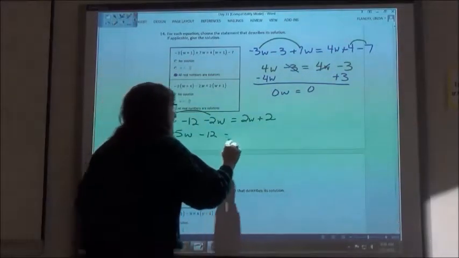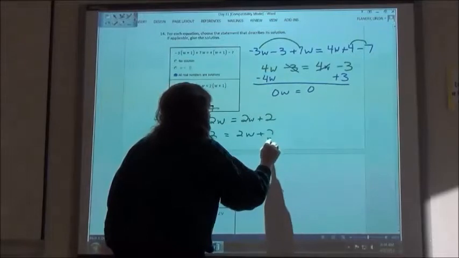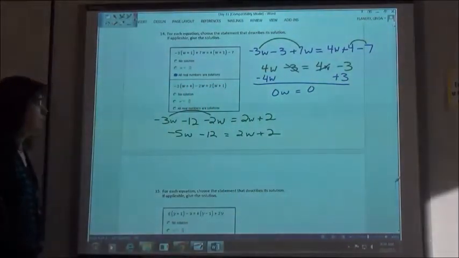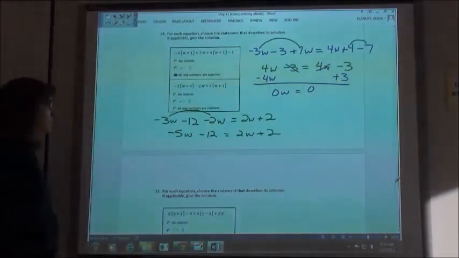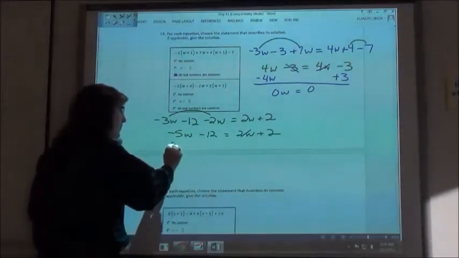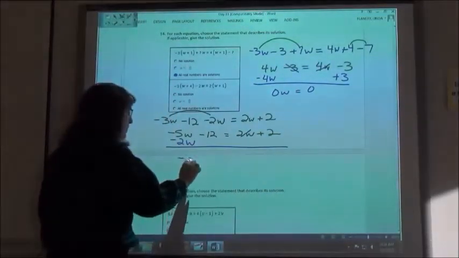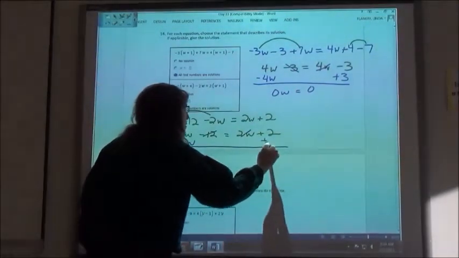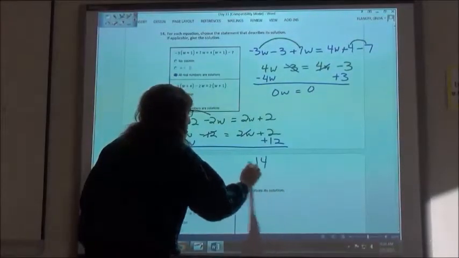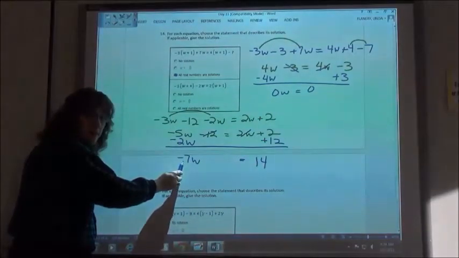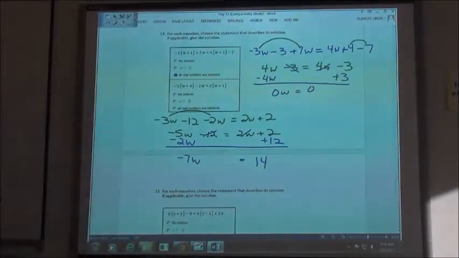Minus 12 equals 3W plus 2. So your plus 2 will come over to your negative 2W. Negative 5 minus 2 is negative 7, so that's negative 7W equals 14 on the other side.